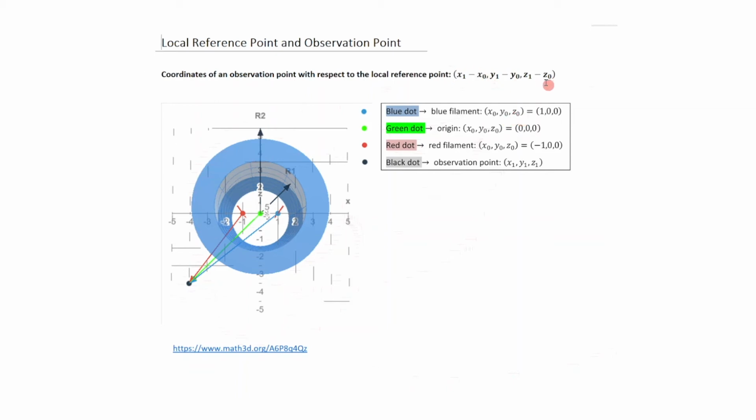The difference between those two would give you the relative position with respect to a given reference point. For instance, x0, y0, z0 for the blue filament is 1, 0, 0, for the cylindrical shell it is 0, 0, 0, and for the red filament it would be minus 1, 0, 0. The observation point is whatever it is, so you subtract this, and this would be the information which is useful once we're trying to determine what to substitute.